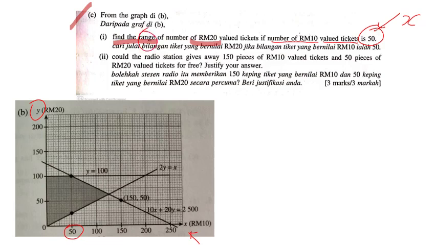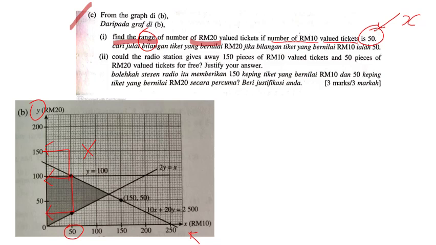The range means you have to give the minimum value and the maximum value. So from this graph, you know that this is the range, the minimum value is this, and then the maximum value is this one, within the common region. You cannot go up here and say this one. No, cannot.